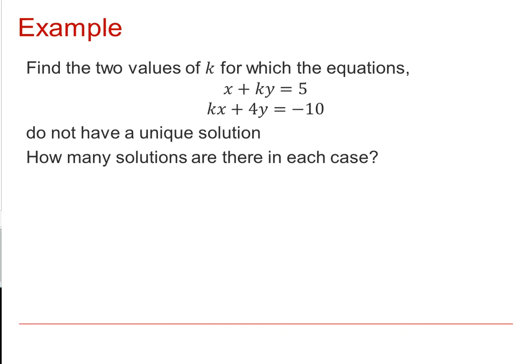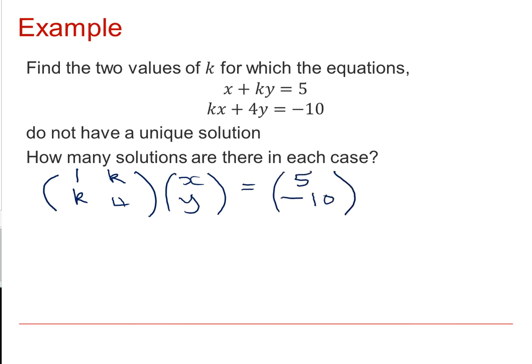And they're asking how many solutions there are in each case. Let's write this as a matrix equation. So (1, k, k, 4) times (x, y) would equal (5, minus 10).